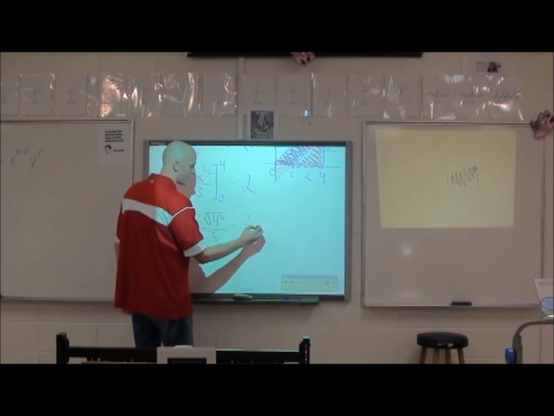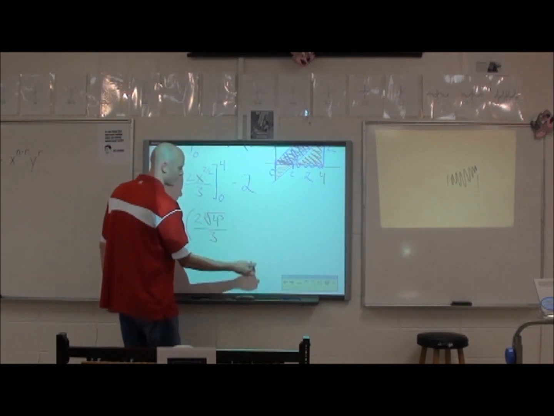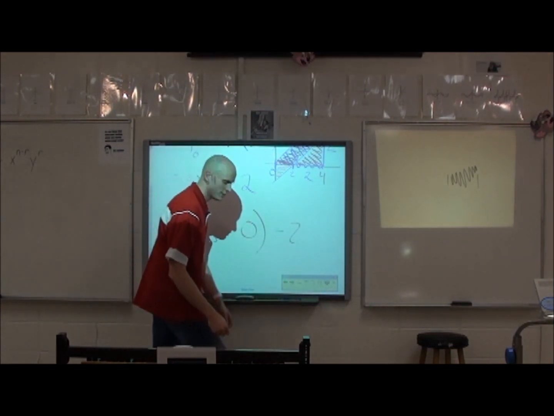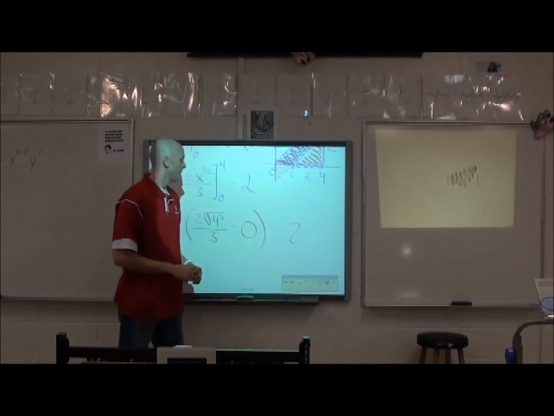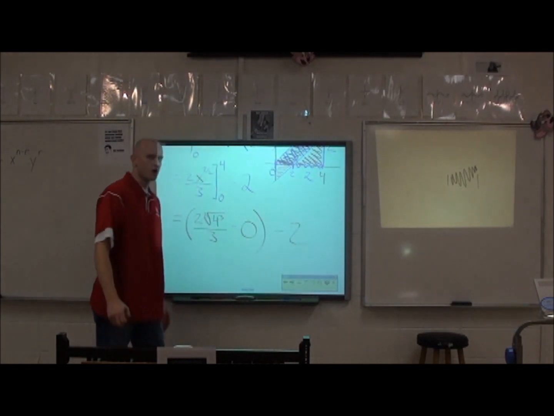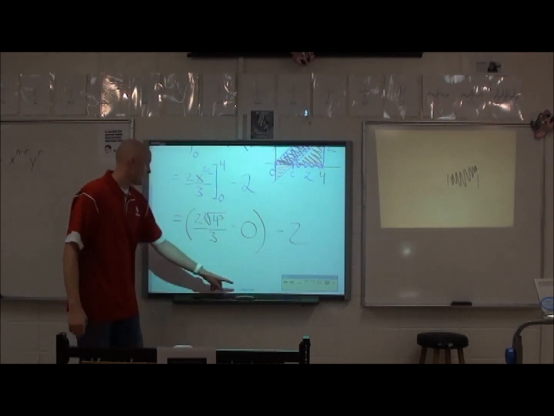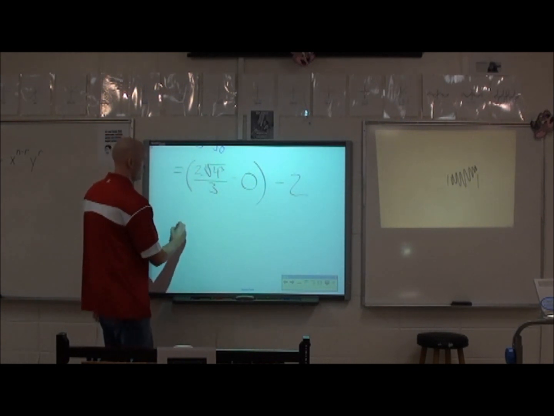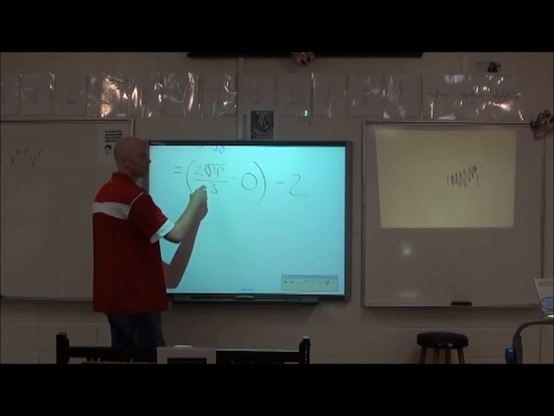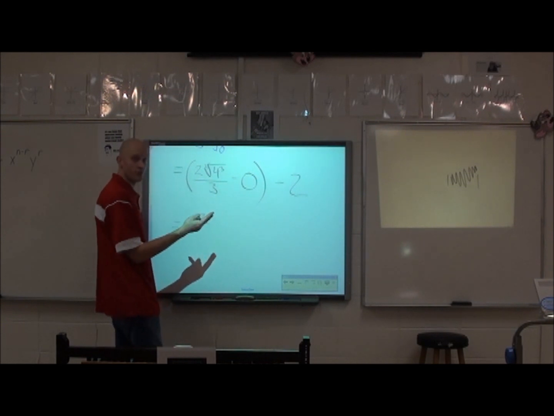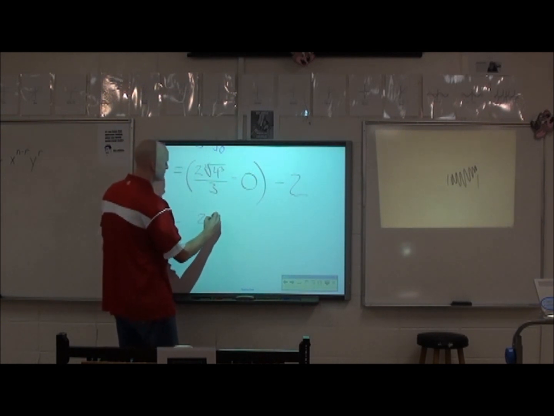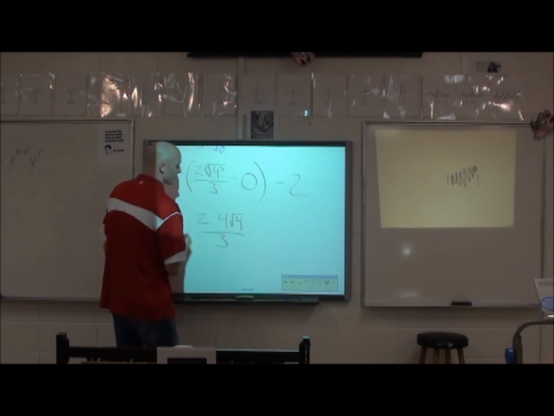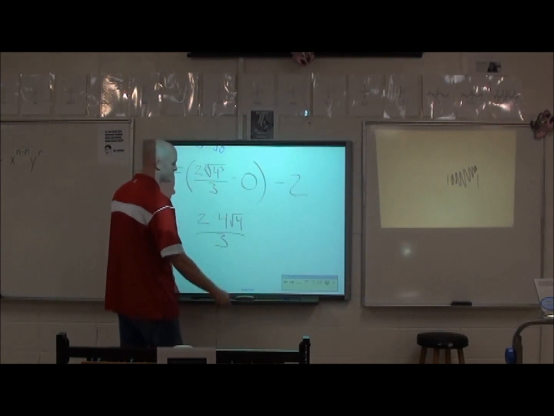So this is going to actually cancel out and be 0. All of that minus the area of the triangle. Simplifying, 2 multiplied by 4 cubed, we can take 2 4's out since it's a square root, so it would be 4 square root of 4 over 3, minus 0 minus 2.